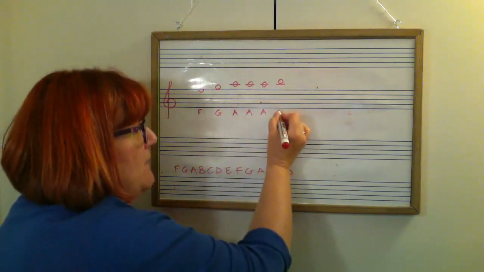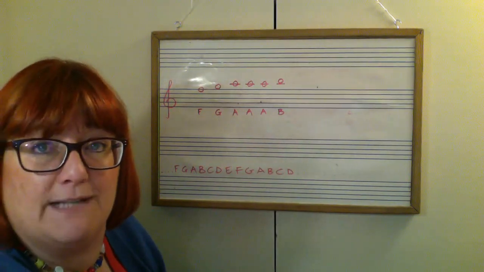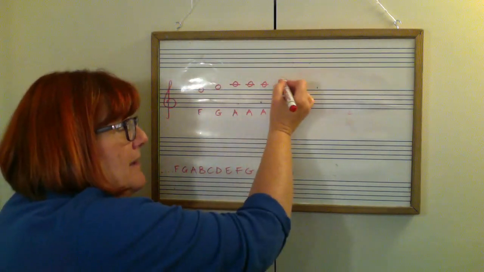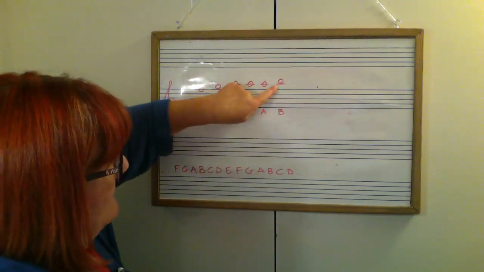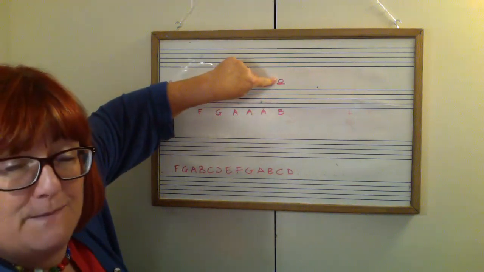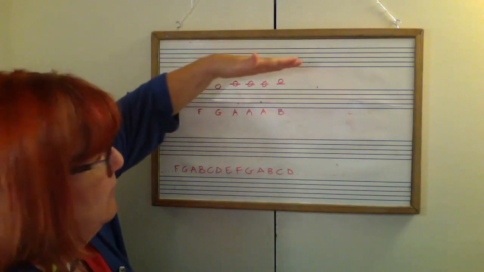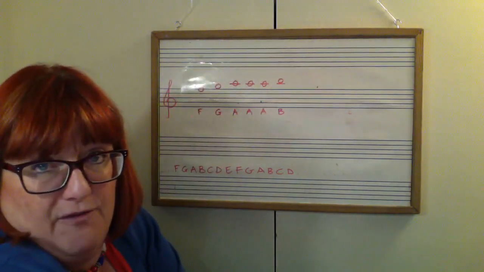Now, the rule in music is you only draw as many lines as you need. We don't need another line above that because we can read that. We can see that's the A line. That is directly on top of the A line, so it must be B. We don't need to draw another line on top of that. That's just going to make it confusing.